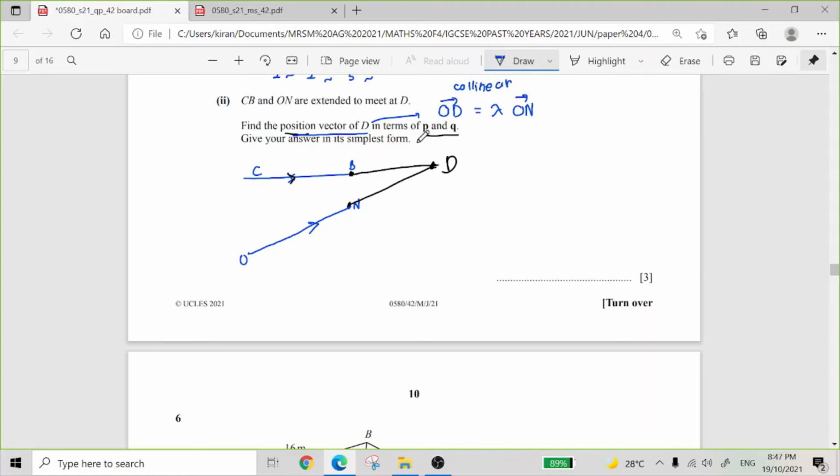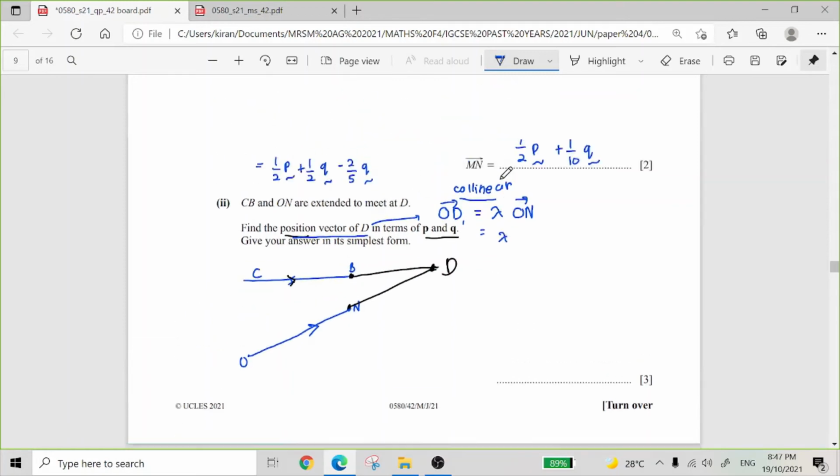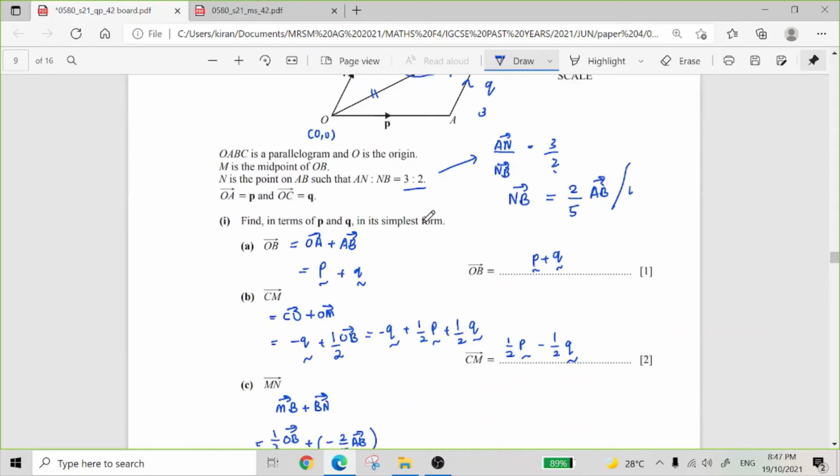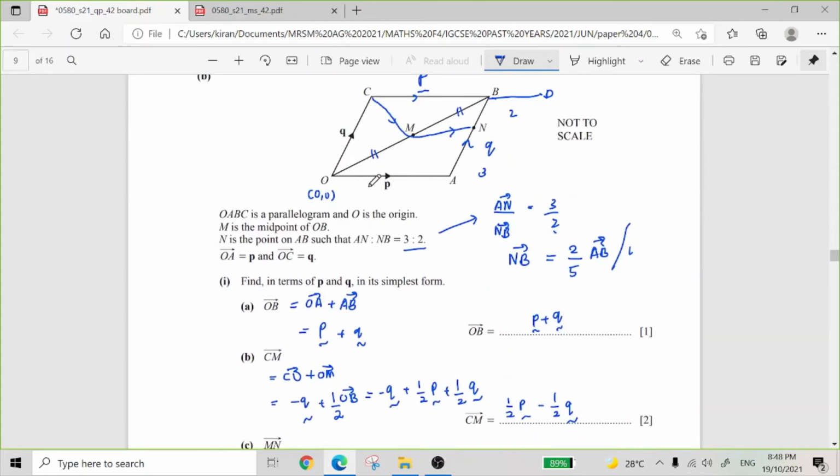When they are collinear, vector OD is a scalar multiple of vector ON. So this is the first one. Just now we have vector ON is 3 over 5 Q.